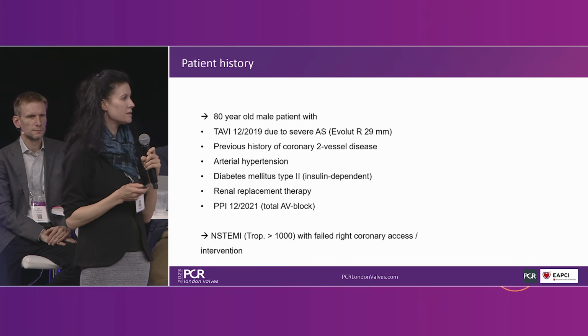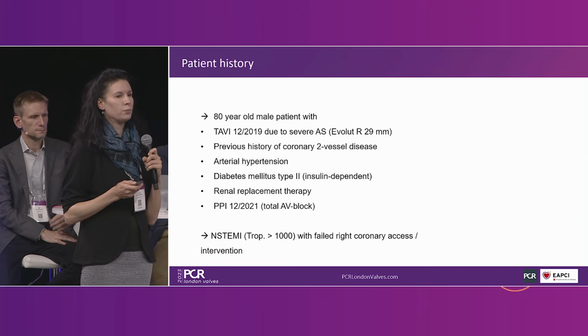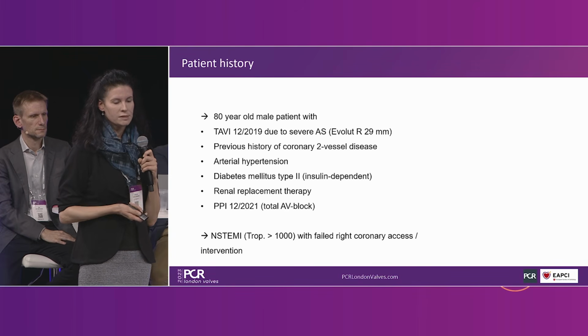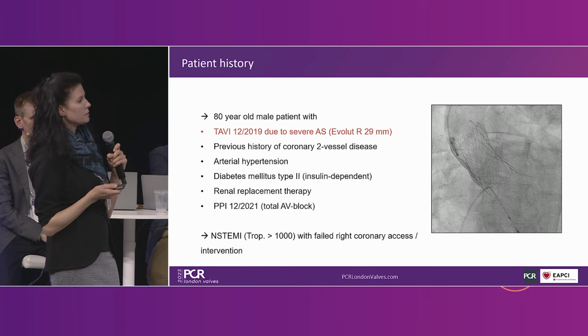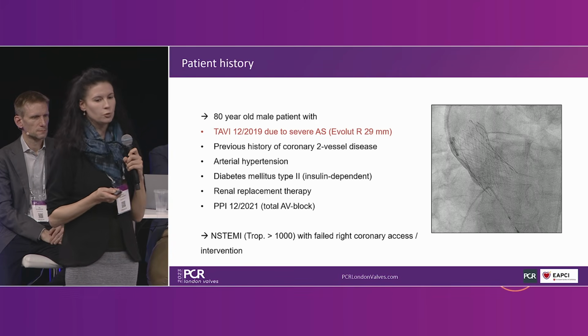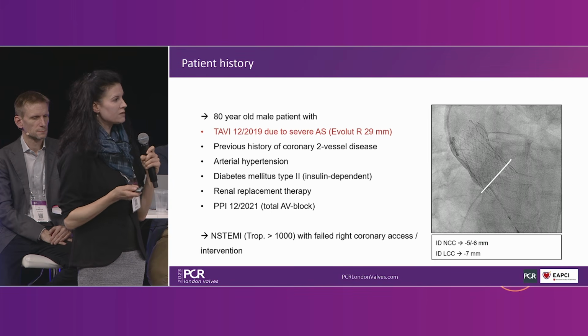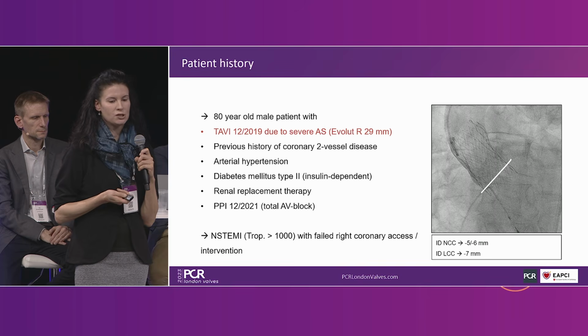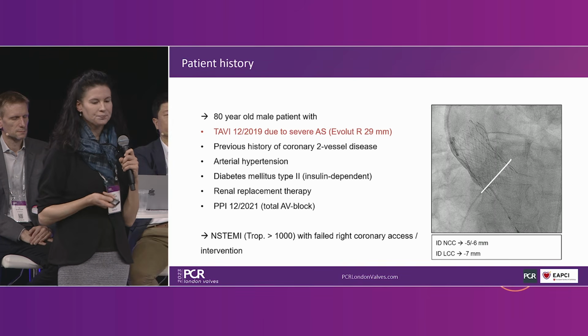So according to the limited time, I won't mention all of the patient's details, but you need to know about three important points. First of all, an Evolut R 29 was implanted at our hospital several years ago in a more or less appropriate position given the previous recommendations on implantation depth. At least the implantation depth wasn't too high.